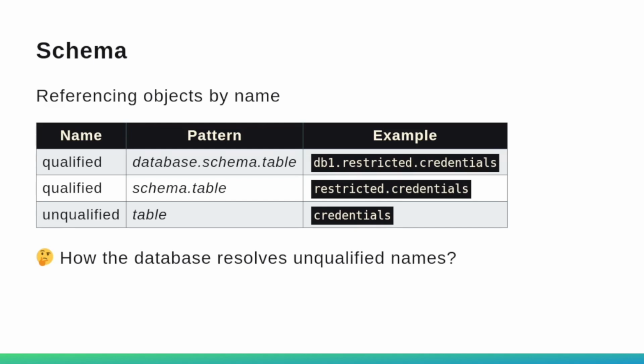There is, however, another way of referencing objects in Postgres using an unqualified name. This is just the name of the database object, or in this case, select star from credentials. So the question now is, when we use unqualified names, names that don't include the database and the schema, how does the database know which object we are referring to?